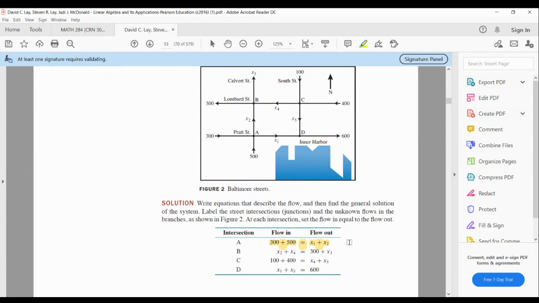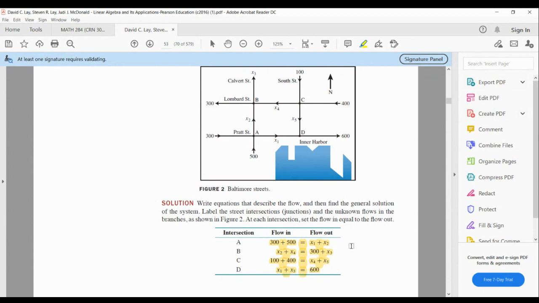But it doesn't necessarily mean x1 has to be 300 and x2 has to be 500. You could have x1 being 200 and x2 being 600, but it has to add up to 800. Then, based on the other junctions, you have these remaining equations.